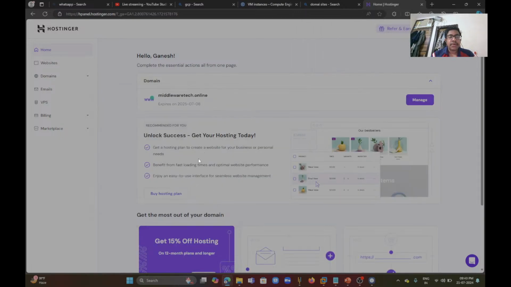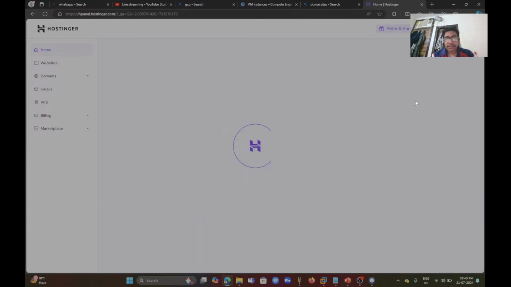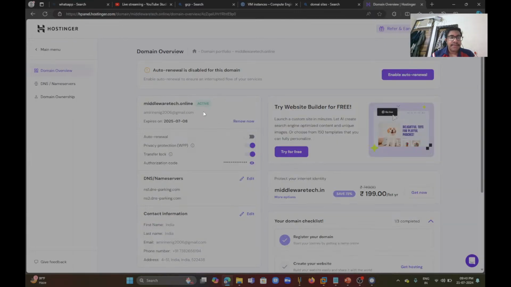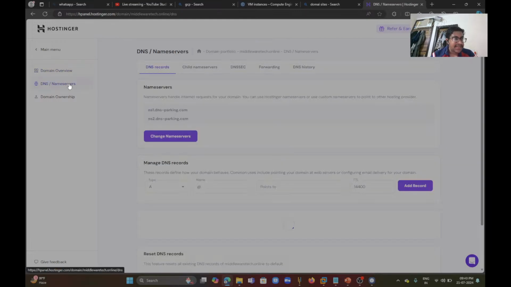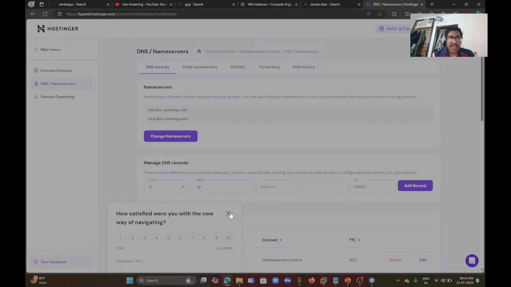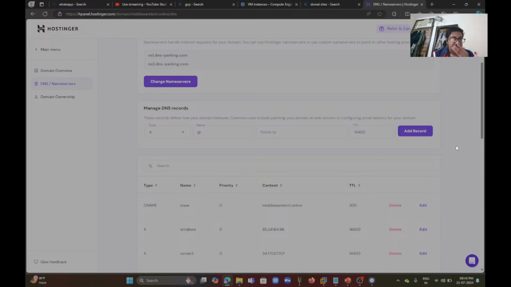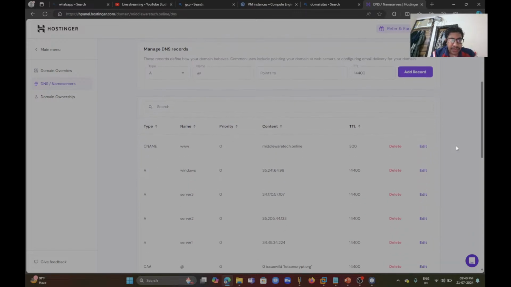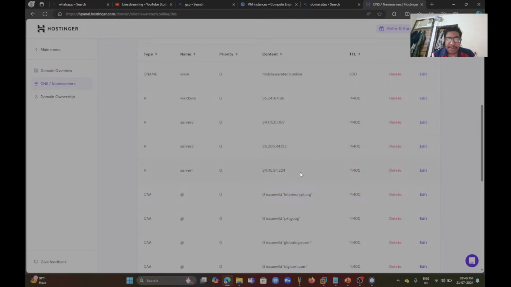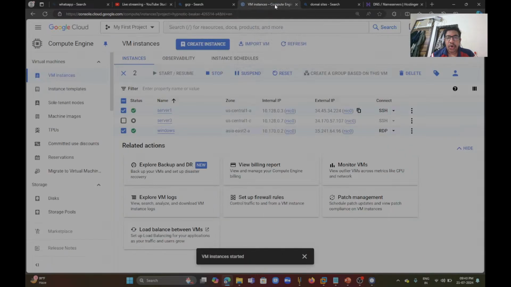This is my domain. It expires next year. Here DNS is there, the domain name system or domain name server. This is where I added the external IP address for accessing the resource. This is my external IP address, 224.224. But in real time scenarios, the internal IP will be assigned for the domain.